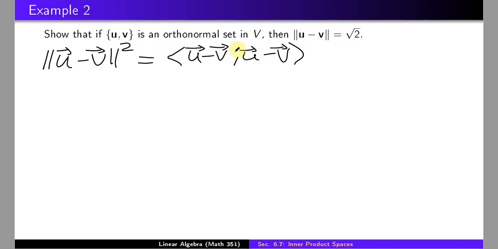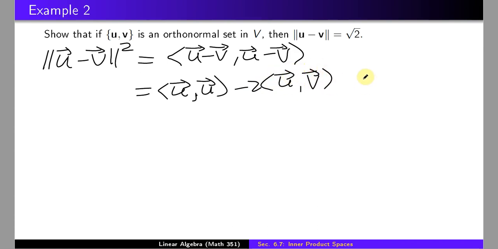Now let's distribute this out using some of the properties of the inner product. This is going to be the same as the inner product of U with itself minus 2 times the inner product of U with V plus the inner product of V with V.